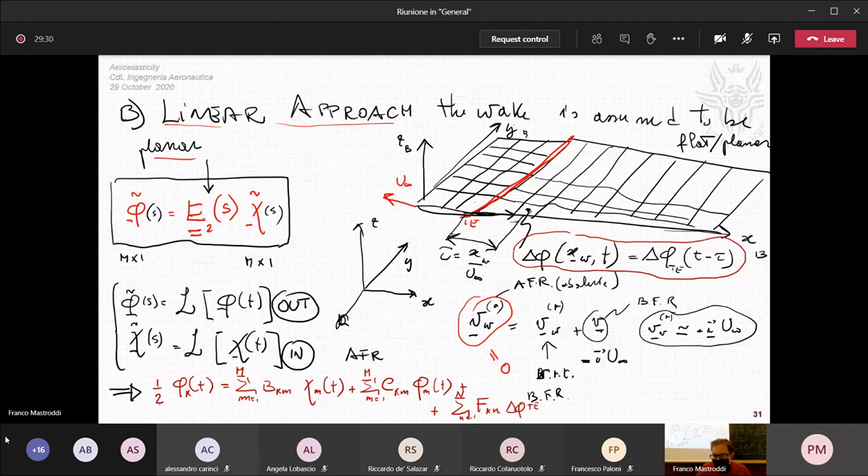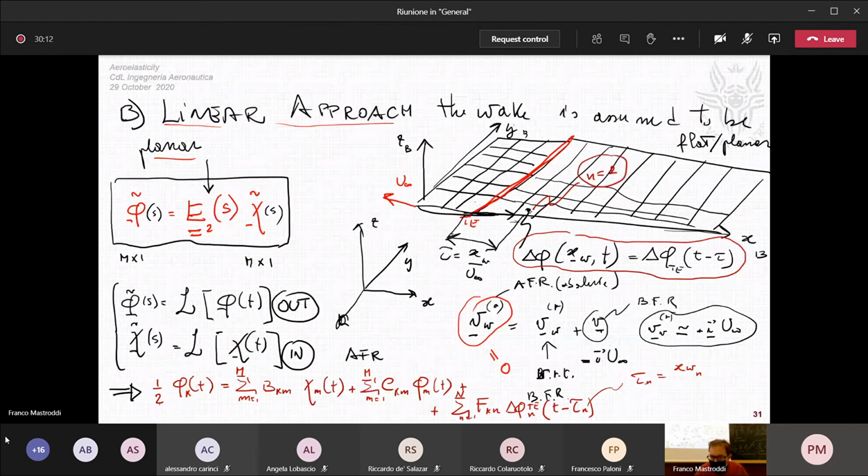like this TE. I moved this TE up and put down N, which is the index of the panel, but at t minus tau. What about tau? Tau is a delay which depends on the N panel, in the sense that tau N is equal to the wake point in the N panel, for example N equal to 2.